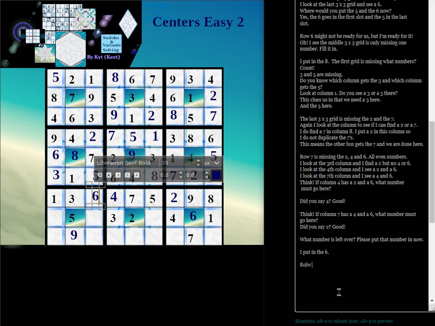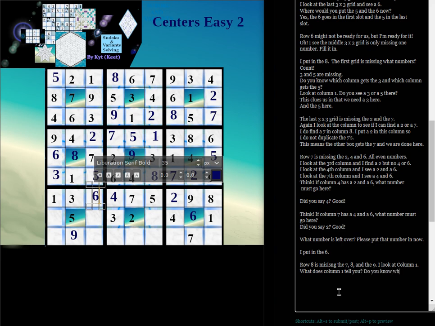Okay, row 8 is missing the 7, 8, and the 9. I look at column 1. What does column 1 tell you?